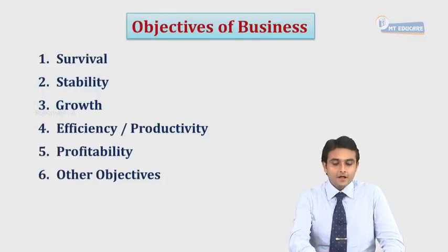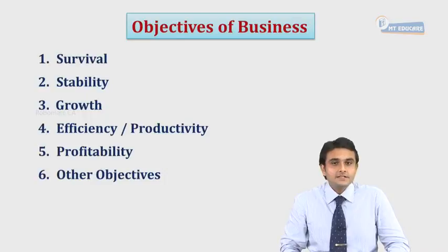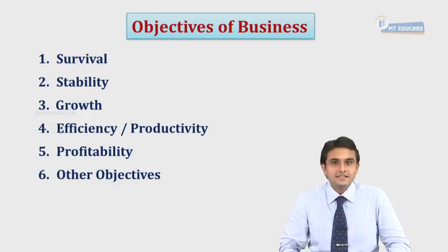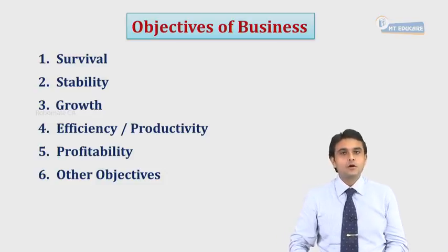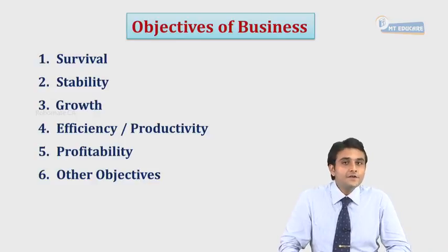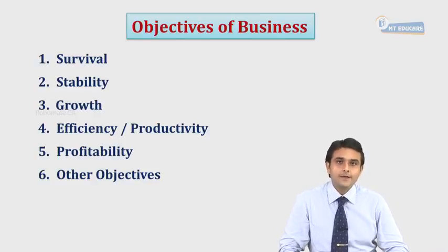And a business has certain objectives. And these objectives are given by Professor Lewis Henry Haney. The first objective of a business is survival, and rightly said. In today's competitive business world, businesses find it difficult to survive. We all know about businesses like Nokia, BlackBerry, Kodak.